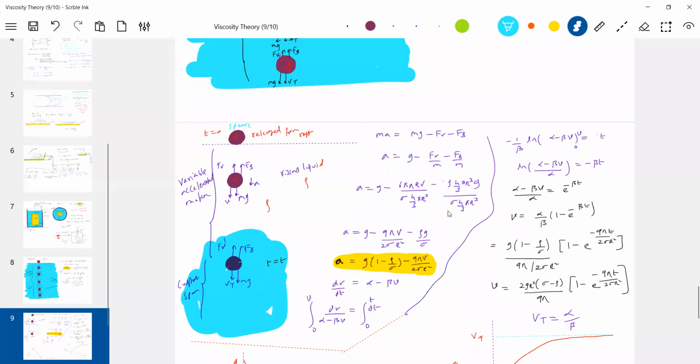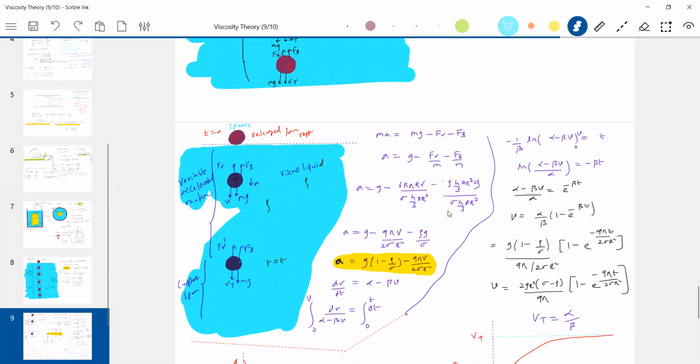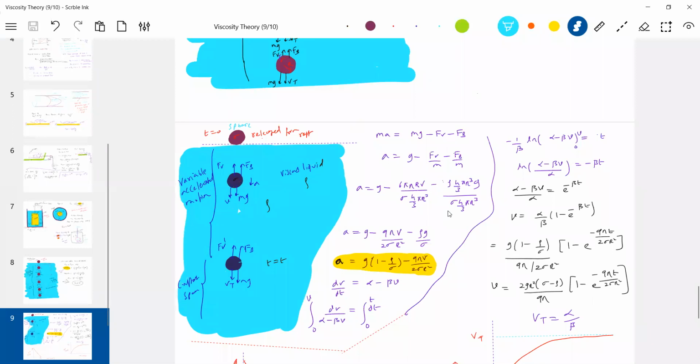What is the boundary? There is no boundary. The vessel is of infinite shape, infinite boundary. Only then is Stokes law applicable. That's why strictly it is applicable.